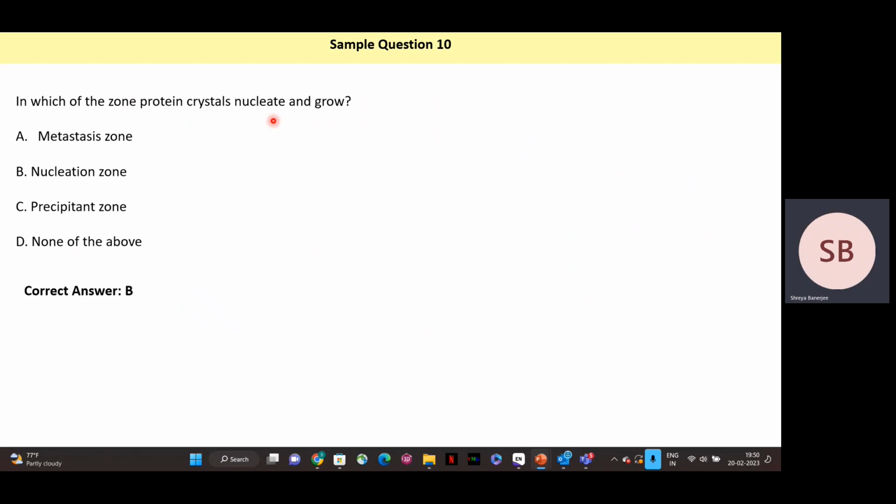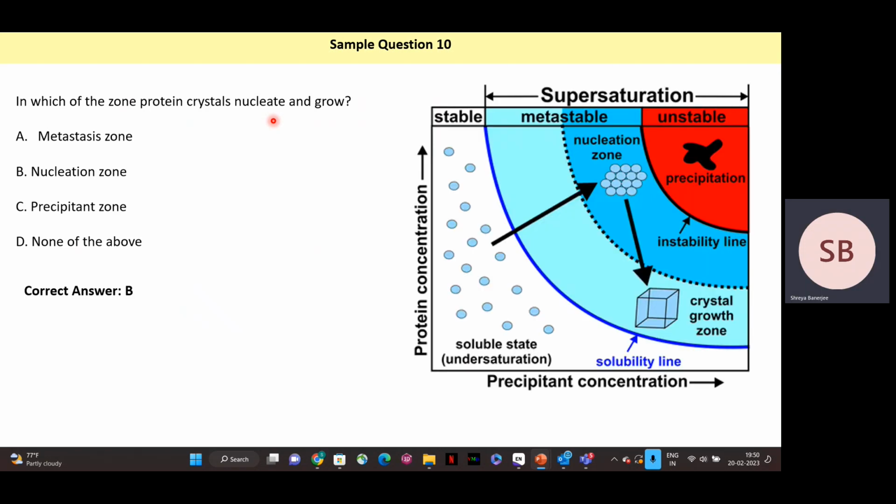The correct answer is B, nucleation zone. So if we recap and remember the different zones of the protein concentration, firstly, you have the undersaturated zone, where the more protein crystals you add, the more it will go into solution. Then it enters the supersaturation zone, in which you have the crystal growth zone, where the crystal grows without the formation of a nucleus. And so the growth is slow and ordered crystals are formed.